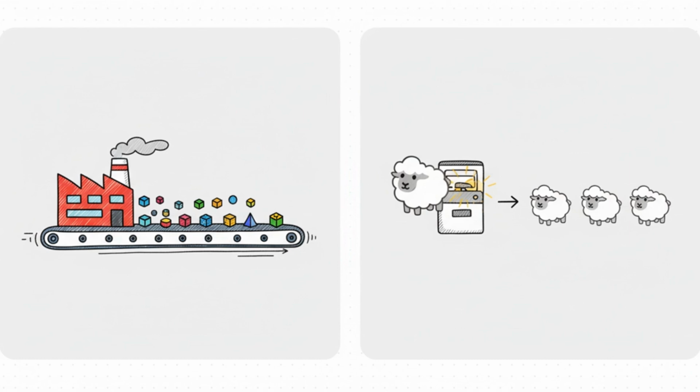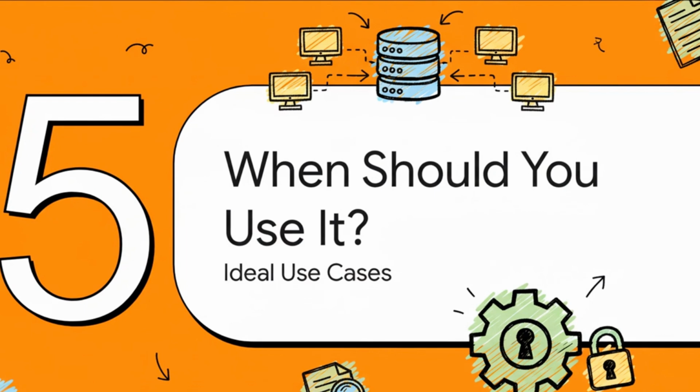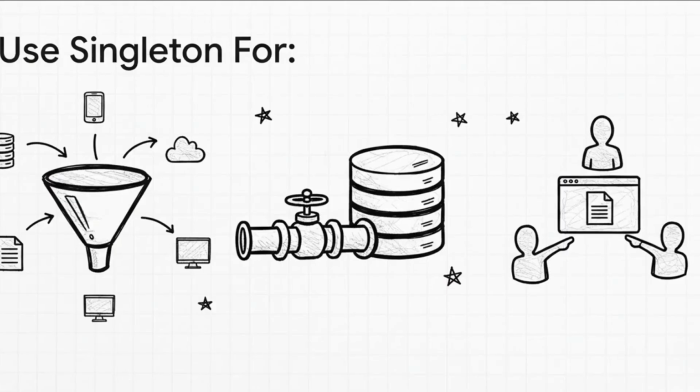So, keeping all of that in mind, the good, the bad, and the ugly, when is it actually a good idea to pull the singleton out of your toolbox? You should really only consider it for a few classic cases. Things like a centralized logging service, where you need every part of the app to write to the same place.